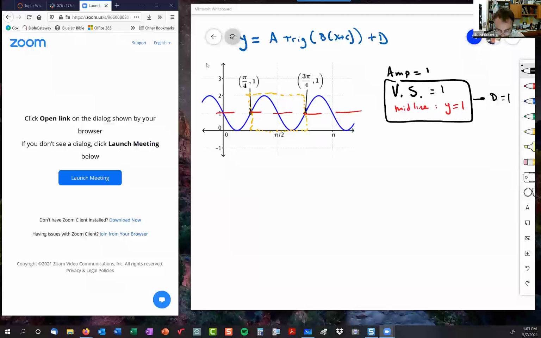Okay, so going down the list, the next thing we should figure out, we've got 4 things. We've got to look at the amplitude, the vertical shift, horizontal shift, and the period. Let's do the period. How long is the cycle? That's the period.